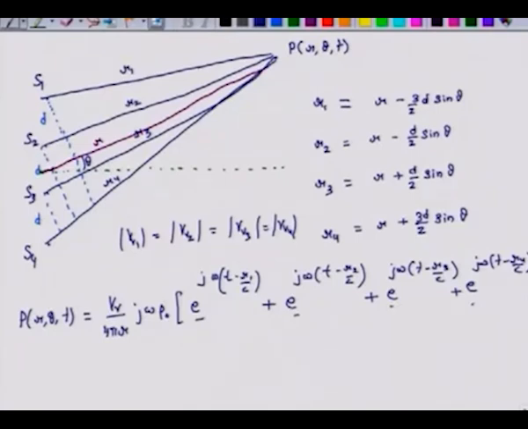Now, I can plug in these relations for R1, R2, R3 and R4 in this equation, and because of that what I get is pressure equals V over 4 pi r j omega rho naught, and I can take e^(j omega t) out.